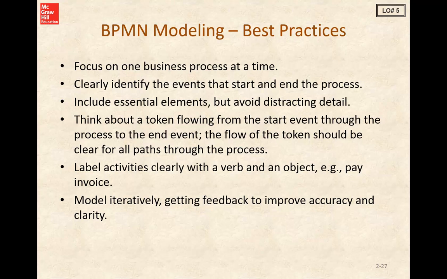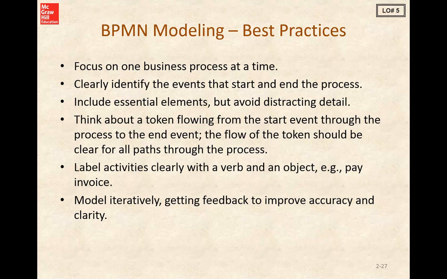One thing to keep in mind is that the primary objective of process activity modeling is to describe the important steps in a business process clearly, concisely, and accurately. So we're just focusing on one business process at a time. We're clearly identifying the events that start and end the process, and we're including essential elements, but we're avoiding distracting detail, okay, for best practices.